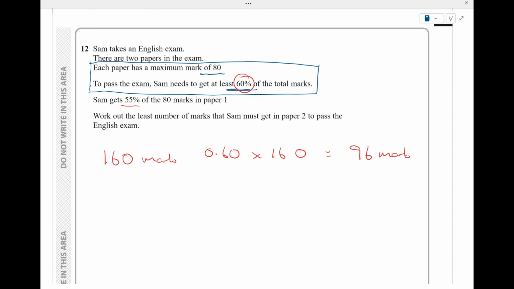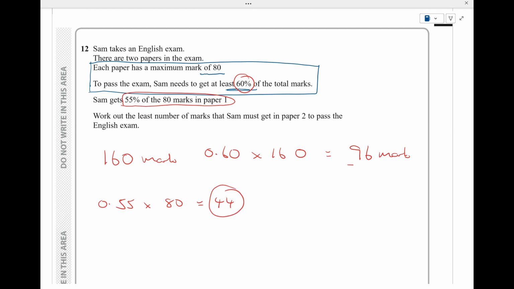Sam gets 55% of the 80 marks in paper 1. How many marks is that? In paper 1, 0.55 times 80. 44 marks in paper 1.